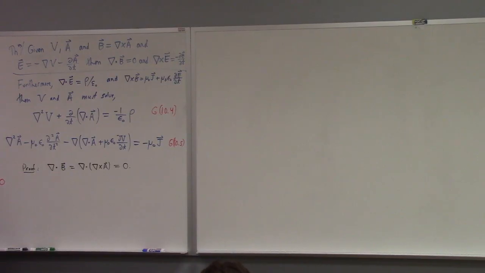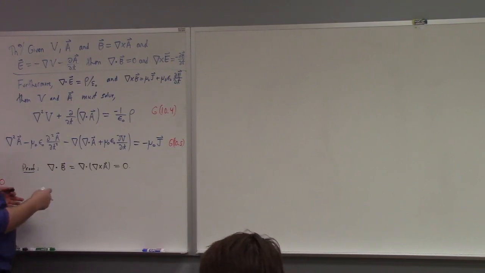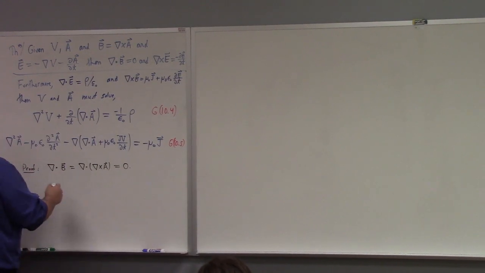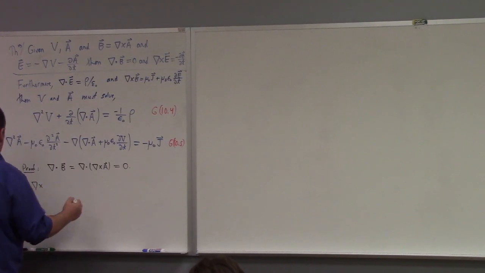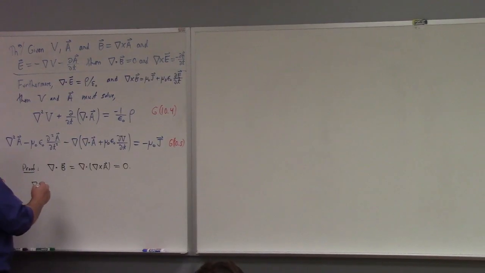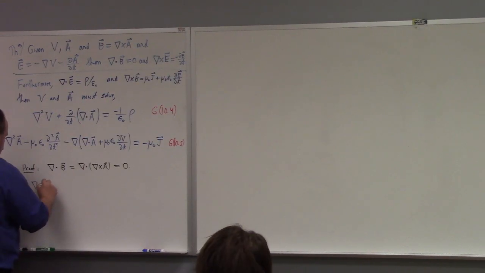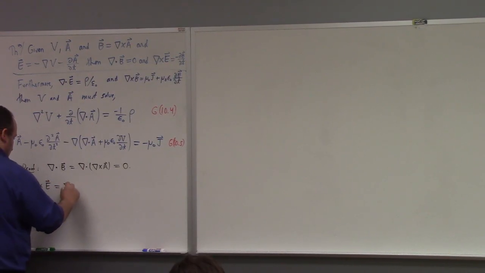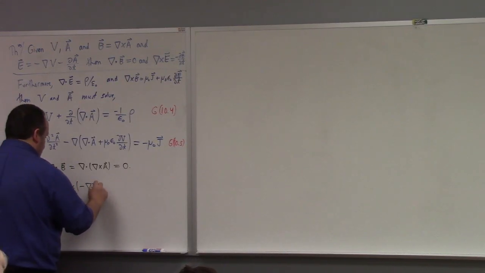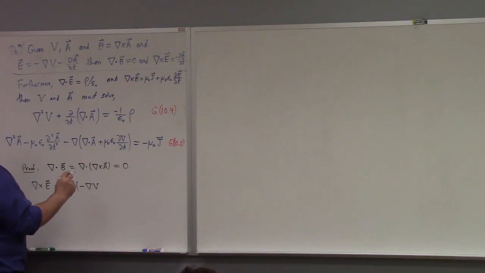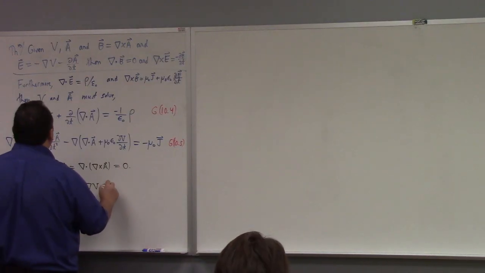All right, so Faraday's law, the curl of E. It's almost the calculation I have right over here in the red. So the curl of E is the curl of minus the gradient of the voltage, minus partial A partial t.